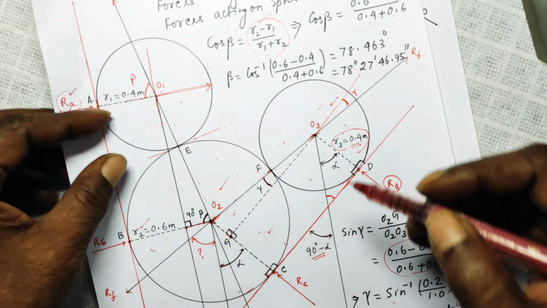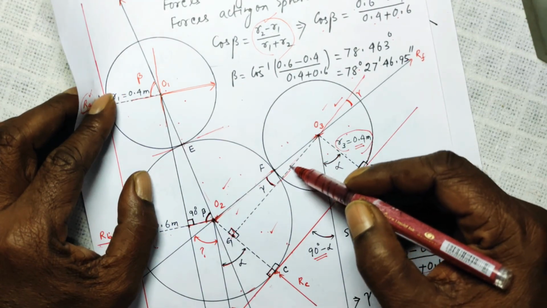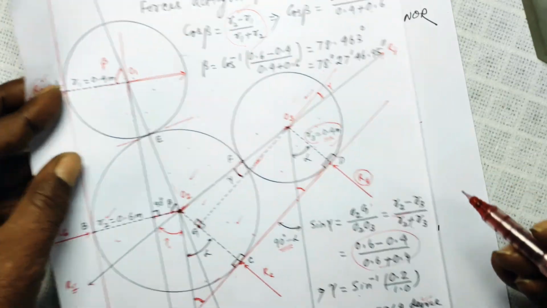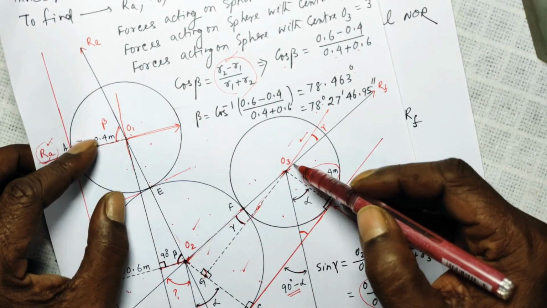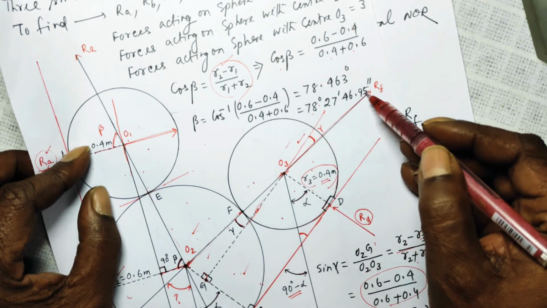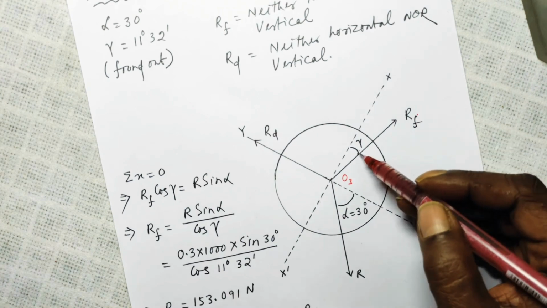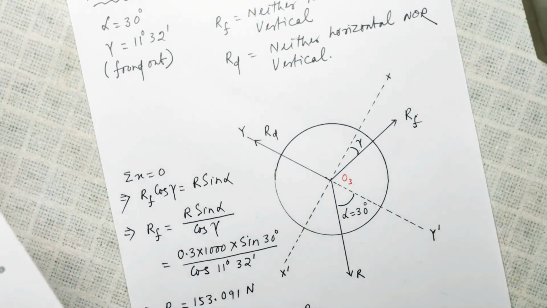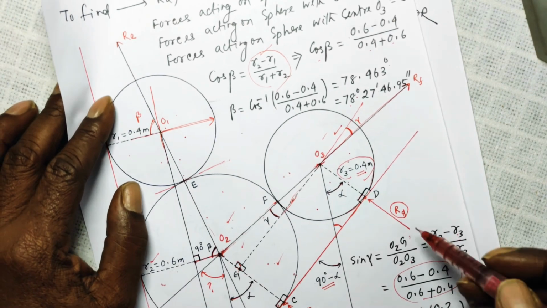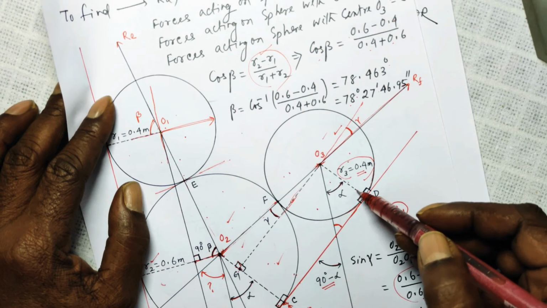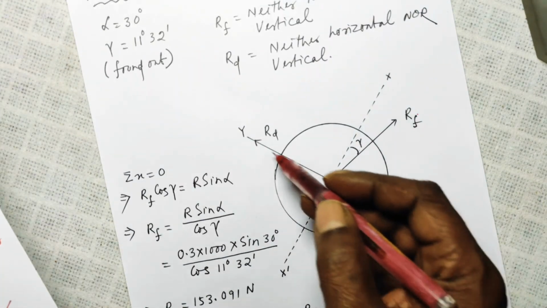And I have taken this dotted line as x-axis in the free body diagram, and your RF is making angle gamma with x-axis, and this direction I have taken as a y-axis, which I have shown here.